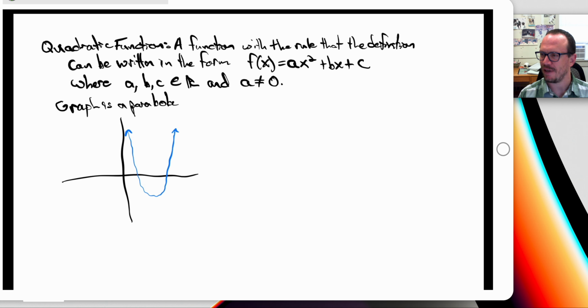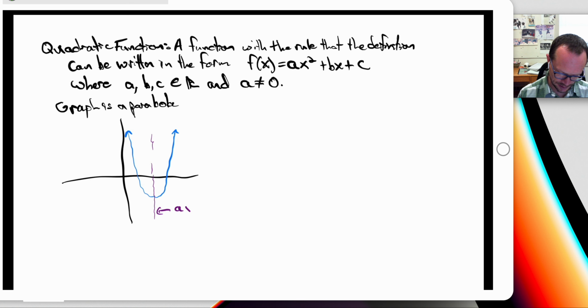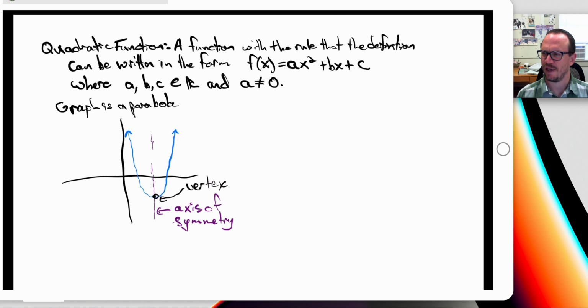Not a bad freehand parabola. It's got the properties of being symmetric about the axis of symmetry. It's got an important point, the vertex, which is on that axis of symmetry.